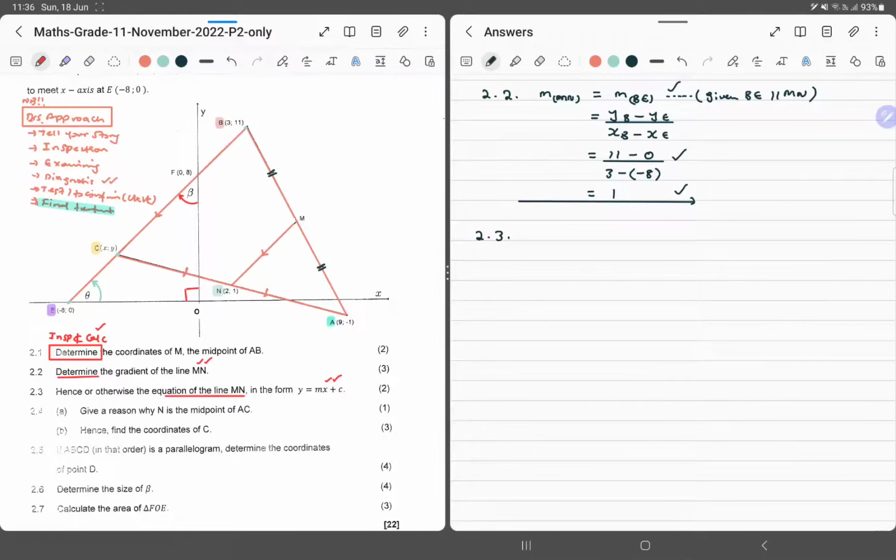So that is easy because now we know that MN is such that y is equal to x, because the gradient is 1, plus c. So now through N, which is 2 comma 1, we substitute like this. So it's going to be 1 equals 2 plus c.